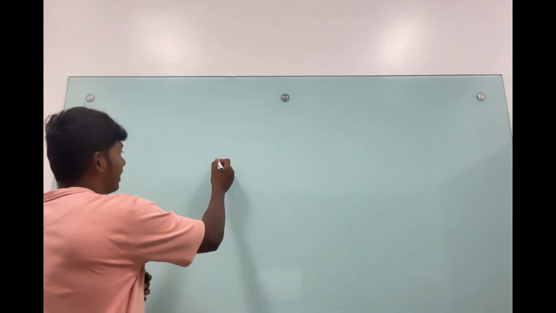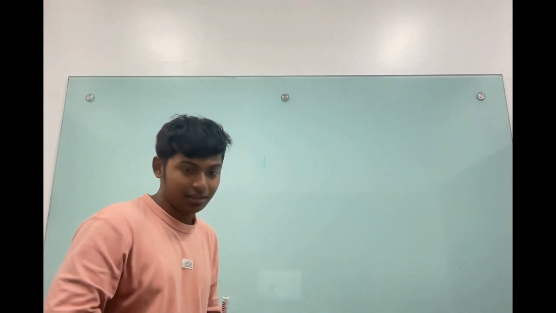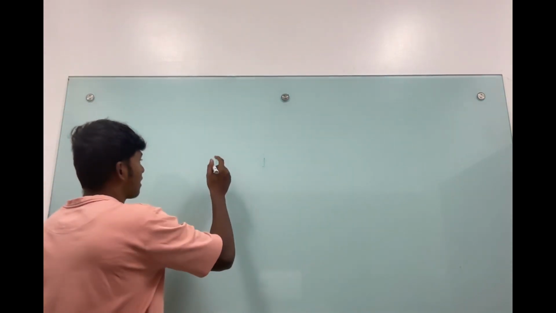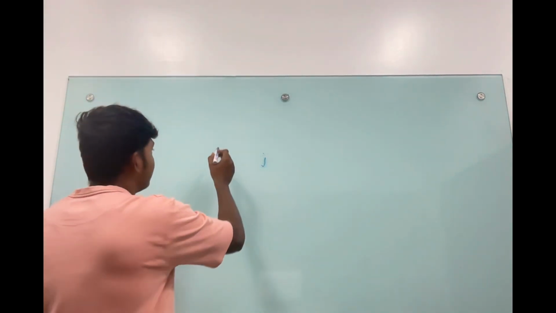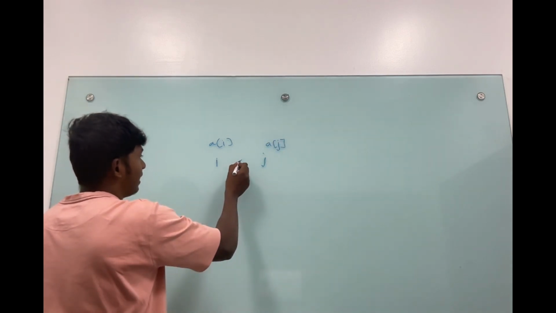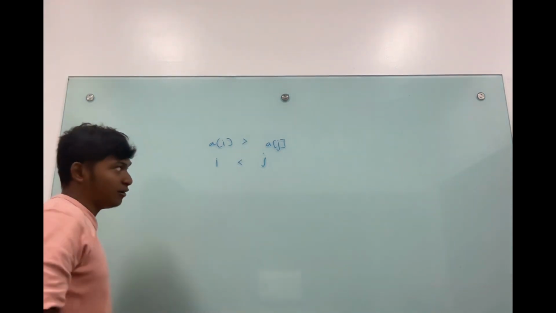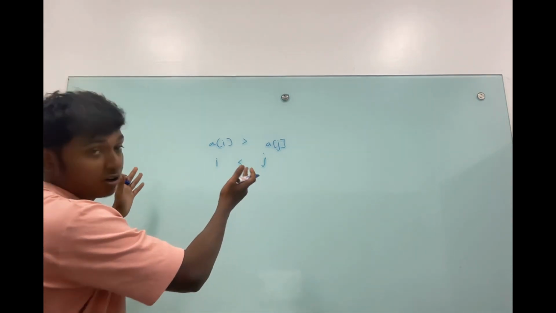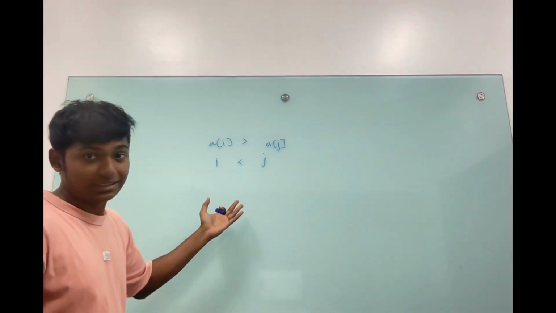For example, let's take two indices i and j, and their values a[i] and a[j]. If i is less than j, and if a[i] is greater than a[j], then it's an inverse pair, because the order of the values is exactly opposite to the order of the indices.